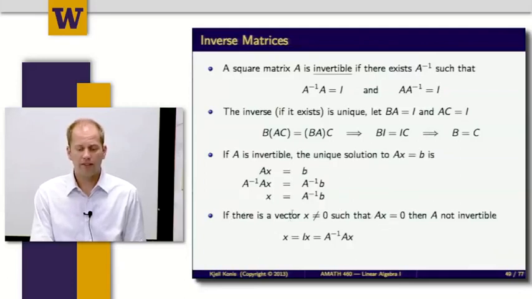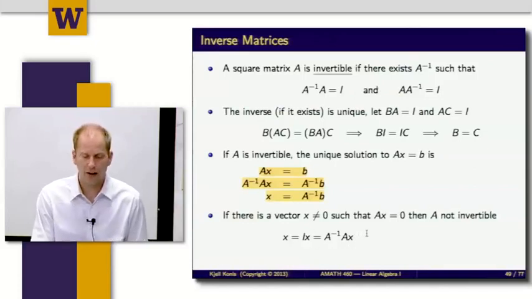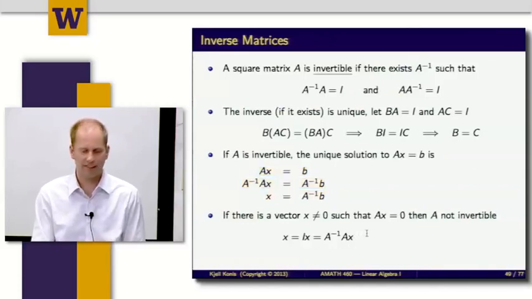And if there's a vector X that's not equal to 0 but that has the property that A times X is equal to 0, then A is not invertible. Basically, I want to use this result just to show what's going to go wrong. This is a common argument that you make in mathematics.